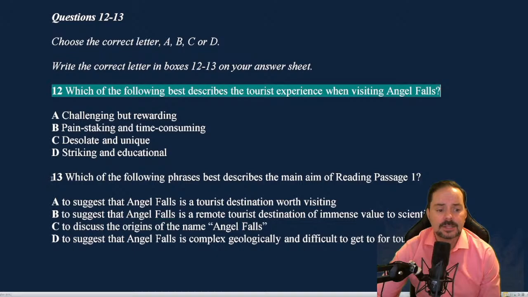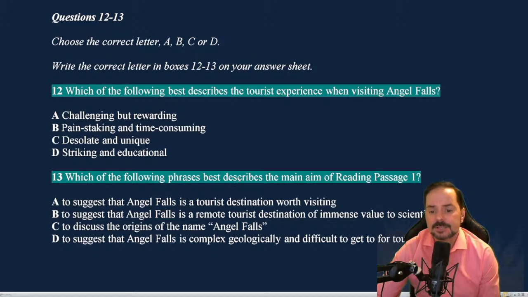Okay, and then the last one. Here we go. So which of the following phrases best describes the main aim of the reading passage? Again, this one you have to read the whole passage because you can't get the main aim of the passage without reading the whole passage usually, okay?